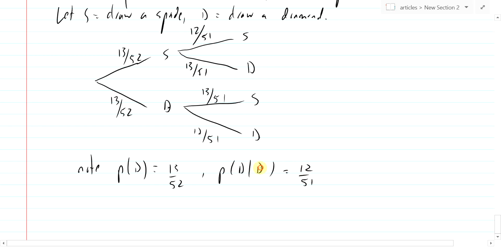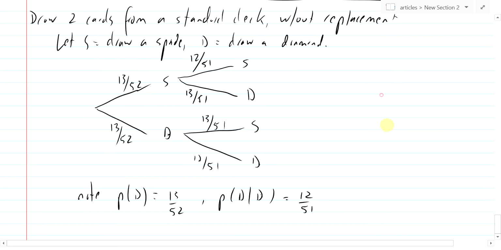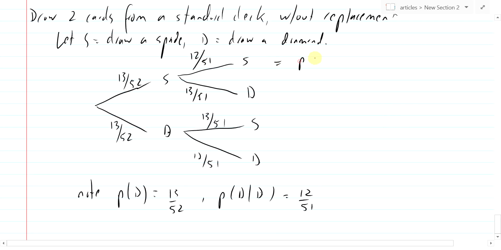Right? And so that's a conditional probability. Given that we've drawn a diamond, what's the probability that we get another diamond? So these are all conditional probabilities. Okay. And what are these probabilities? What's the probability of getting a spade and then a spade? Well, that's 13 over 52 times 12 over 51, and if you multiply that out, it becomes 0.0589.